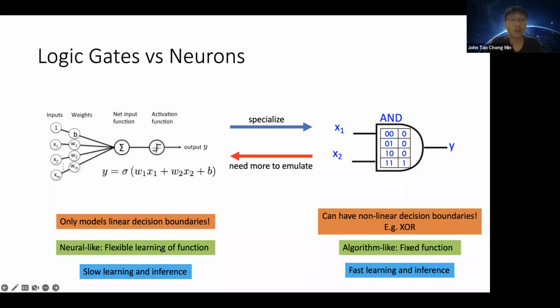Okay, the good thing about neurons here is that they can learn a function pretty flexibly, because you can do backpropagation and learn all these weights here. But this logic gate, you cannot learn the function. The function is fixed. So this paper actually used a way to bypass this later. We'll dissect how this paper does it. Quite interesting. The last one is that neural networks are very slow to learn.